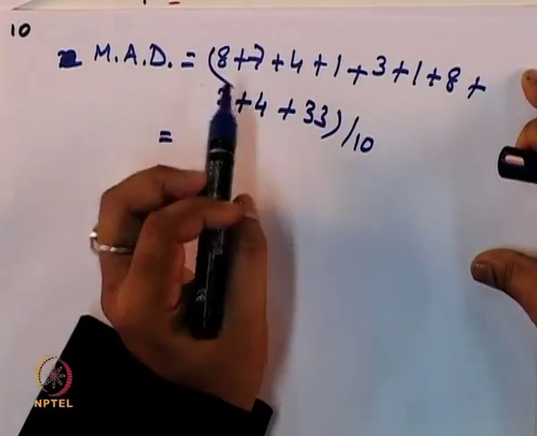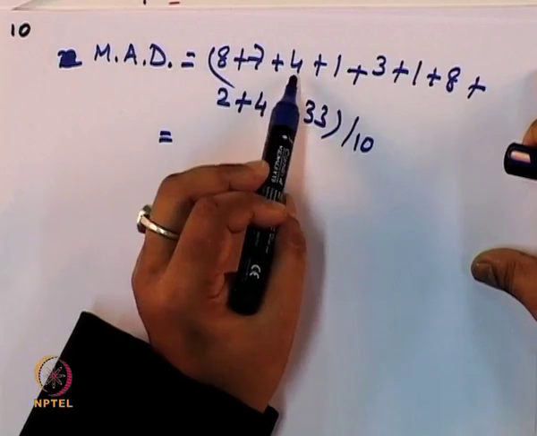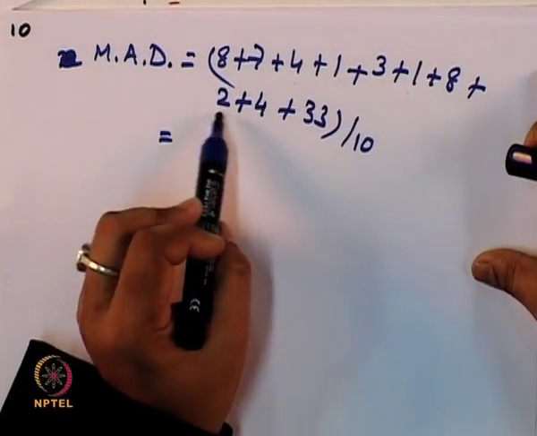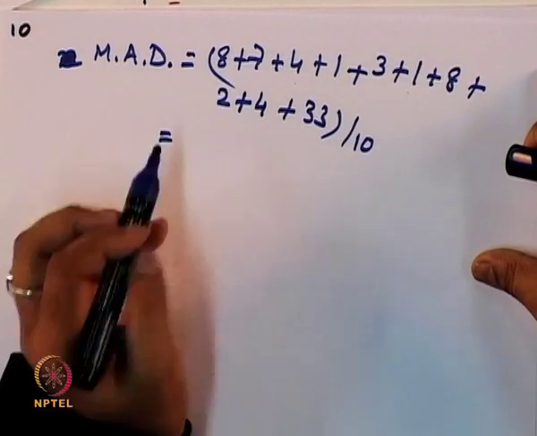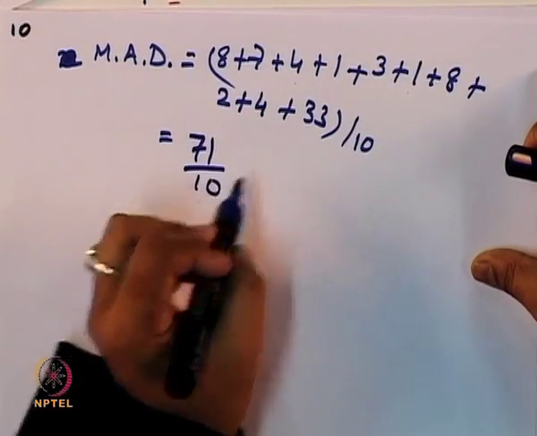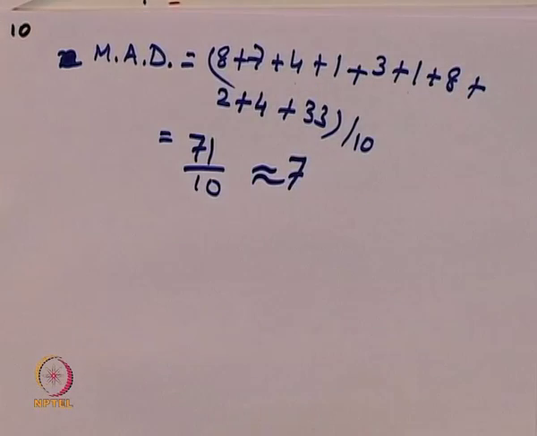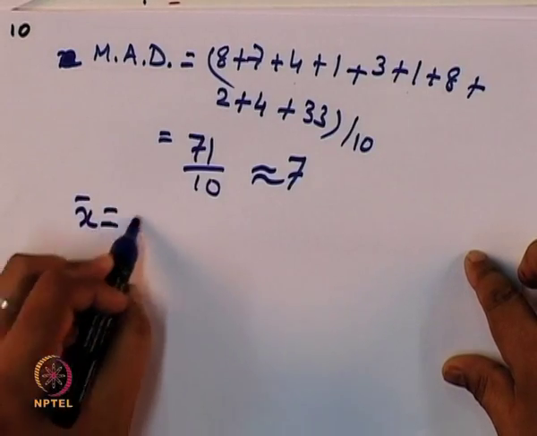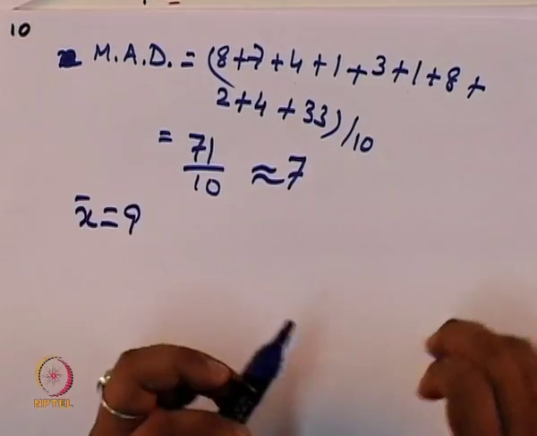Okay, so it roughly comes to 8 plus 7 is 15, 20, 24, 32, and 6, 38, 71 by 10, which is roughly 7. So, as you can clearly see in your values, your x bar is 9 and this mean absolute deviation is 7.